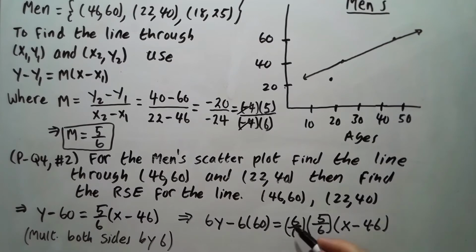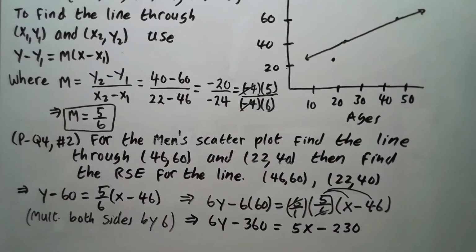The 6s will cancel here. Then I can multiply this 5 in, and multiply the 6 times 60. Multiplying the 5 in, we'll have 5x and 5 times 46. So doing that, we get 6y, then 6 times 60 is 360. 5 times x, 5x. 5 times 46, you can check in your calculator, is 230.